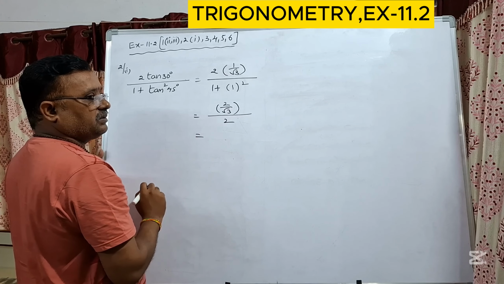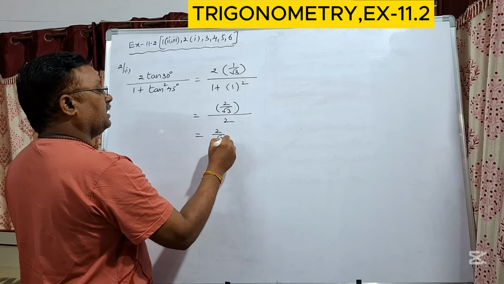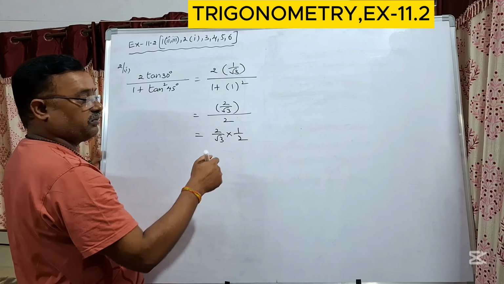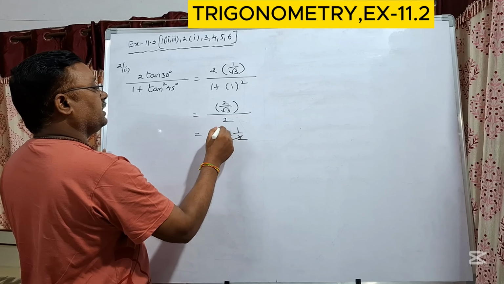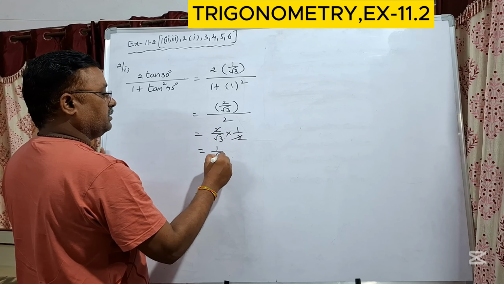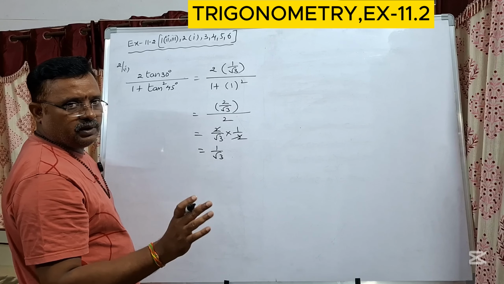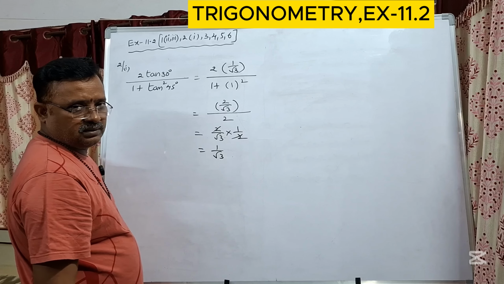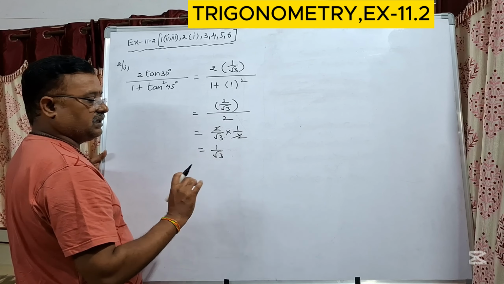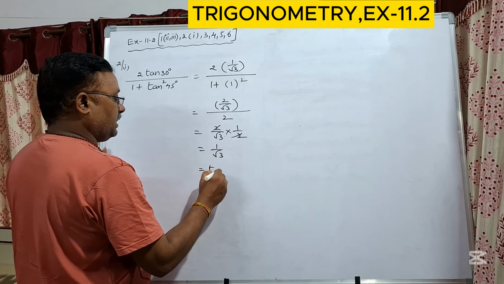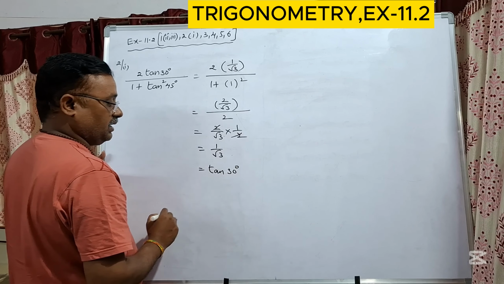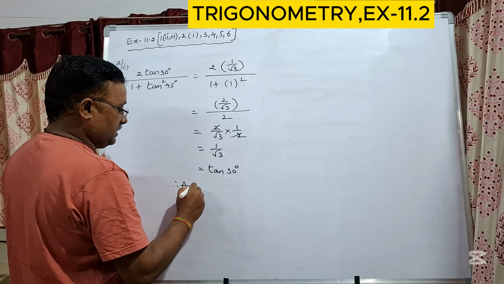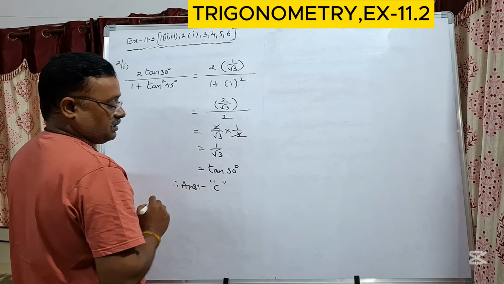So 2 can be written as into 1 by 2, reciprocal form. Therefore 2 gets cancelled. Therefore the answer is 1 by root 3. Among the options, which option gives you 1 by root 3, that will be the correct answer. As for the options, it will be equal to tan 30 degrees. Correct? Therefore the option is C. Therefore answer C. Got it?